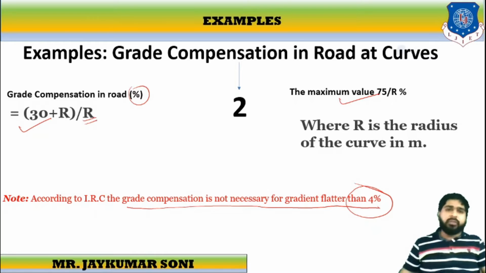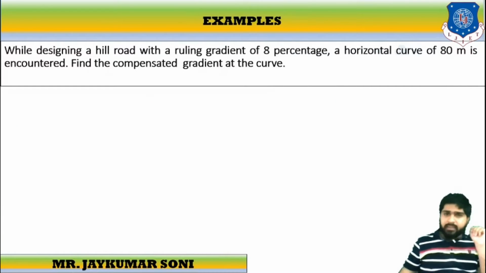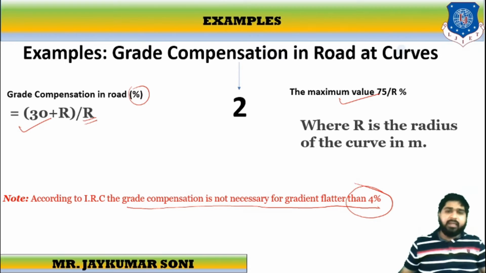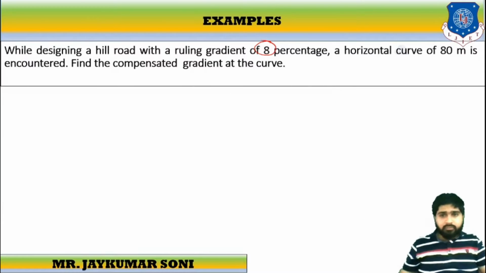Let us learn this with the help of an example. This is the example statement. While designing a hill road with a ruling gradient of 8%, see, 8% ruling gradient is given. I have explained that as per IRC, grade compensation is not required if the gradient is flatter than 4%. But here it is 8%.